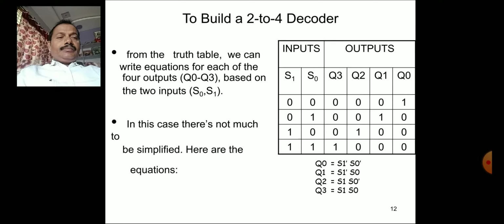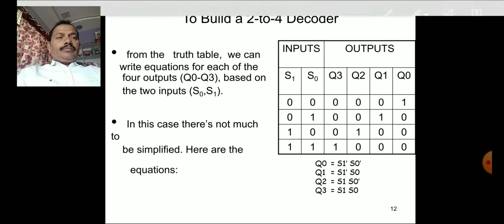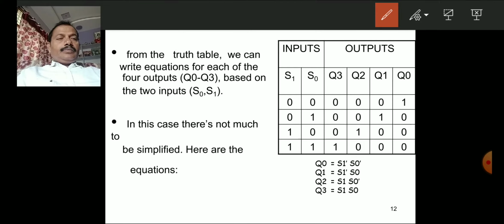Q1 is S1 bar S0. Q2 is S1 S0 bar. Q3 is S1 S0. So these are the output equations we have.